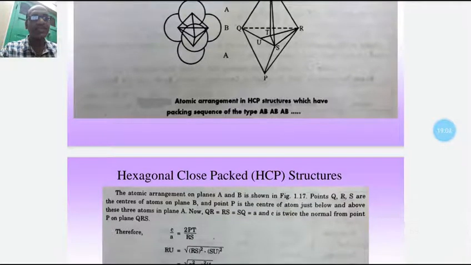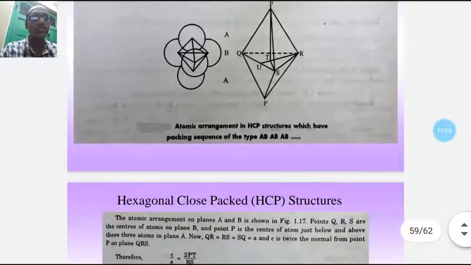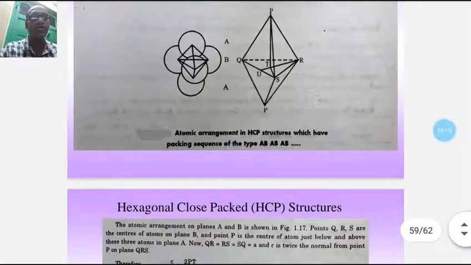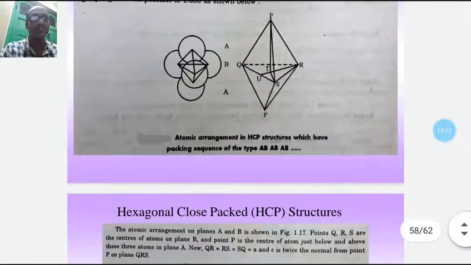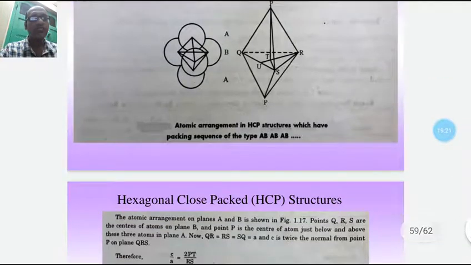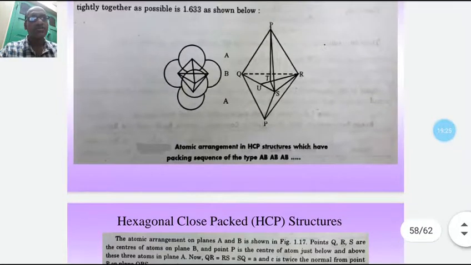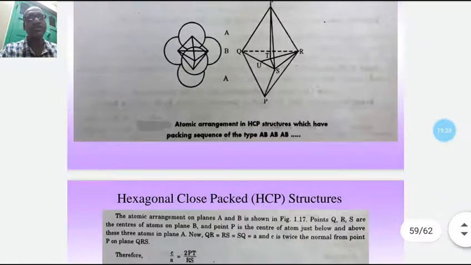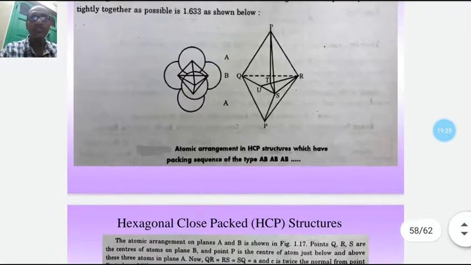And C is twice the normal from the point P on plane QRS. So that means C is the total height of the cell.